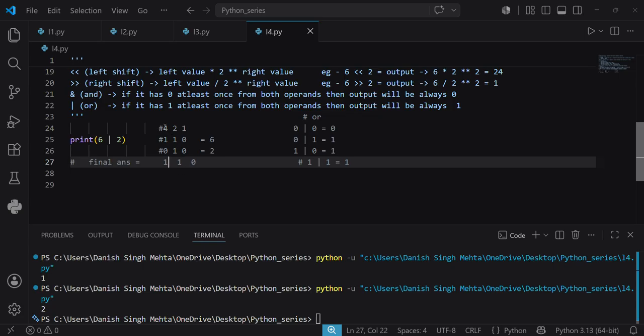If I combine these values, 4, 2 and 1, then 4 plus 2 is 6.